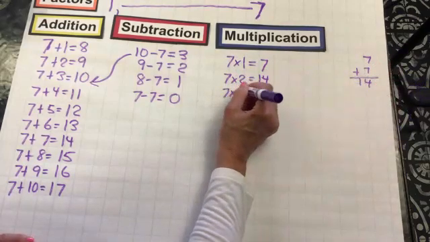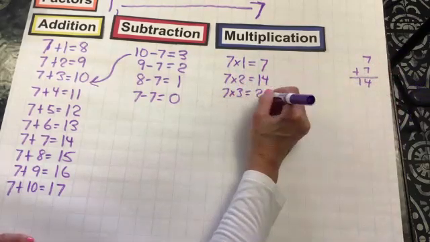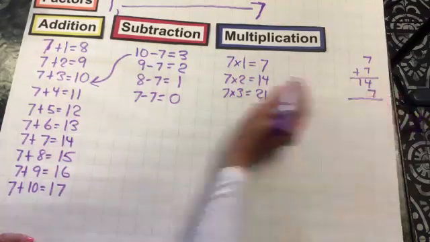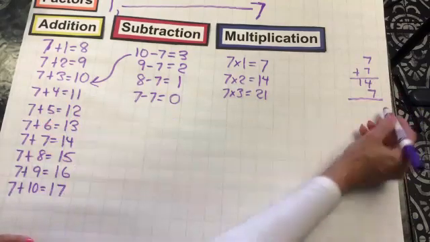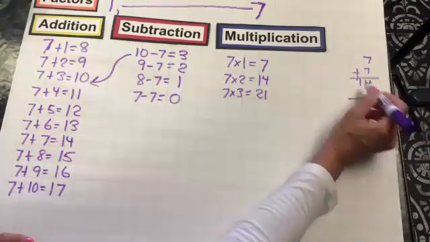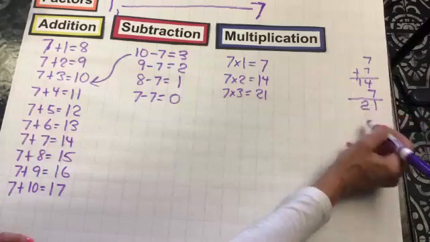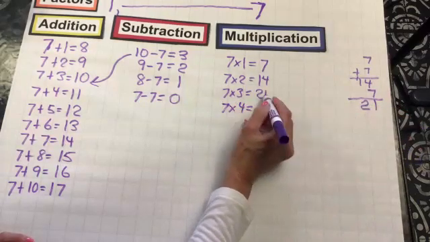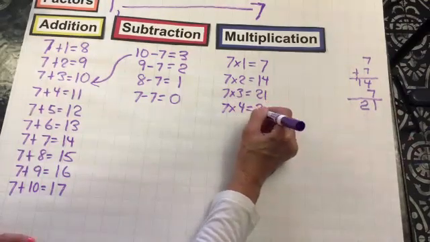Then 7 times 3 equals 21. If you added 7 over here, 4 plus 7 says 11. Drop the 1, carry a 1. 1 plus 1 is 2. 7 times 4 equals, that would be 7 more than 21, which is 28.